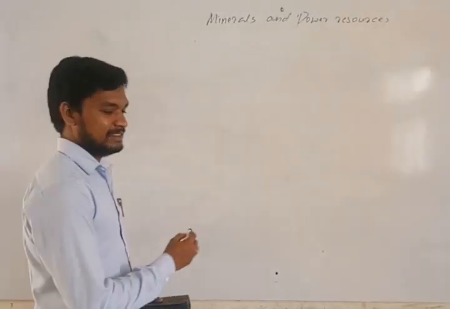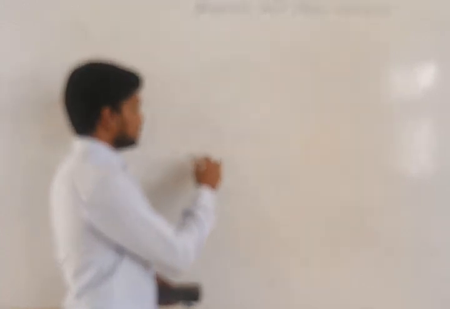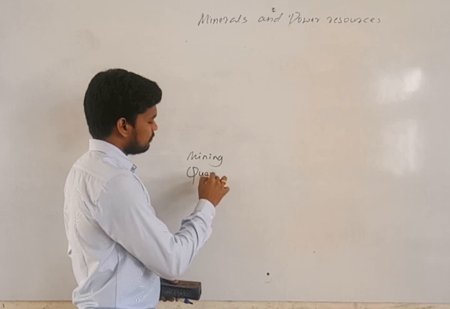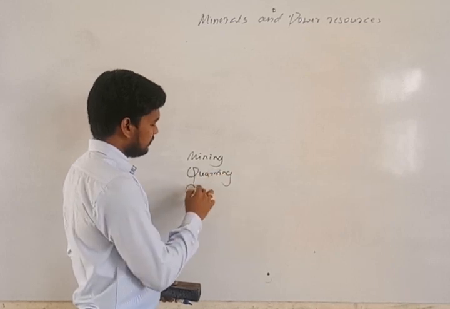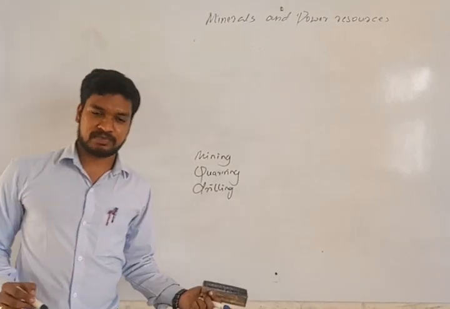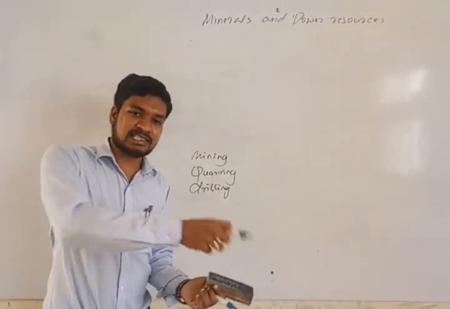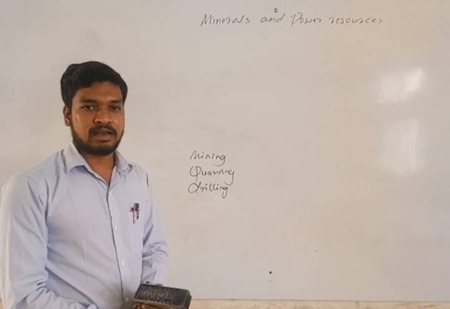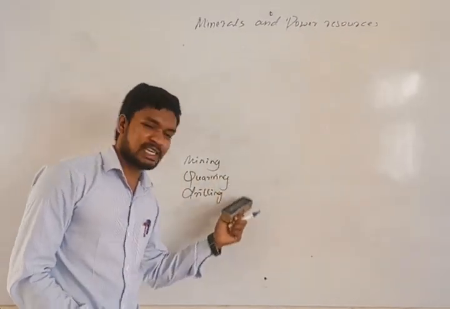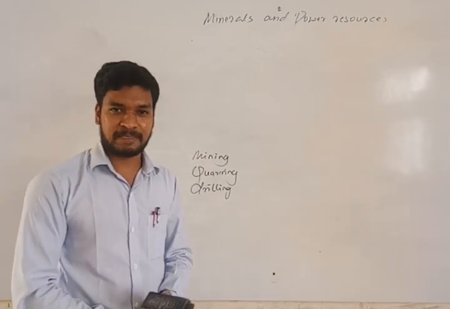One is mining. You might know about mining. Another one, quarrying, and the drilling. These are the three processes involved in extracting the minerals. But these three are not equal. The intention of these three processes is the same.